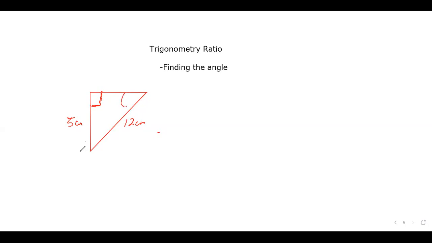Let's say this one is L, M, N. Now they will say calculate angle L, N, M. They say you should calculate angle N, right? We are calculating angle L, N, M.